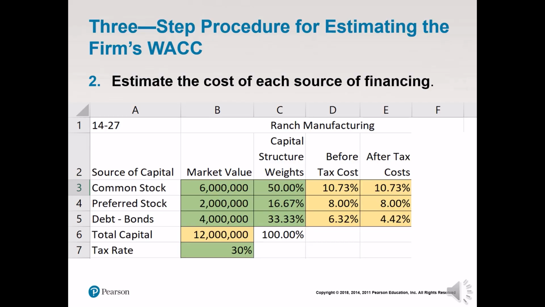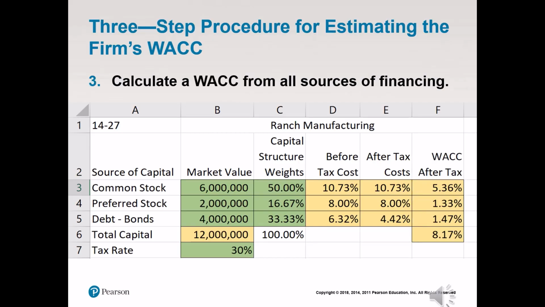The dividends that we pay for common stock and preferred stock happen after our net income and are not a deduction for taxes. So we do need to adjust our bonds for our tax rate so that we can determine our after-tax cost. It's always lower than our before-tax cost because we get to write off that interest for tax purposes.